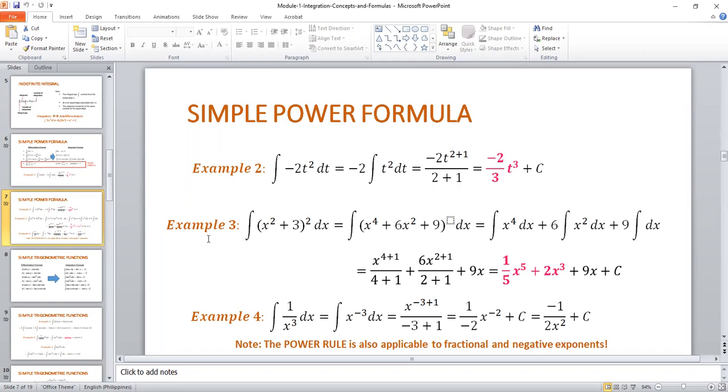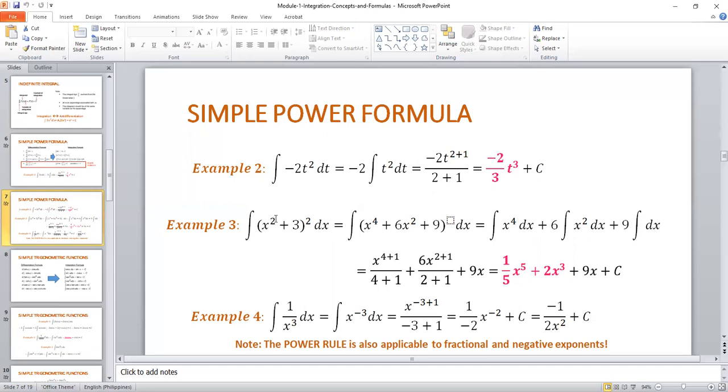The same applies here. You could see here that this time you have x squared plus 3 quantity squared. Now, you have this raised to an exponent, and this is a squared binomial. So what will you do first?